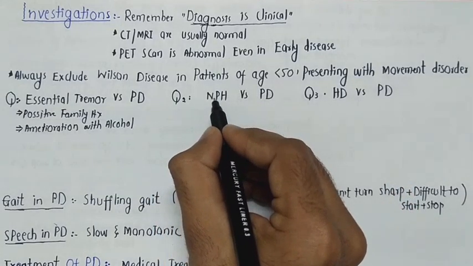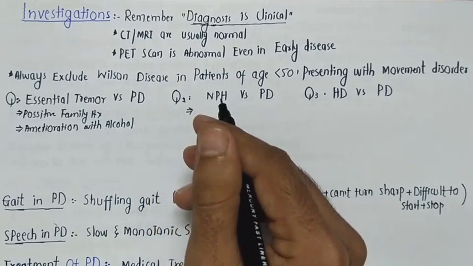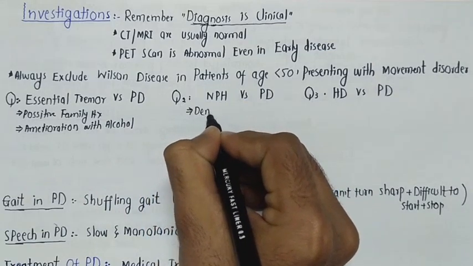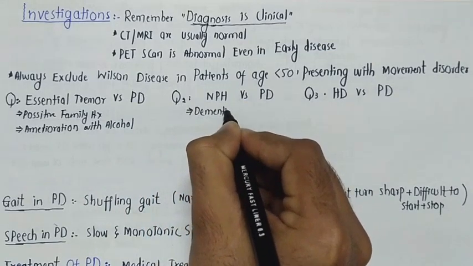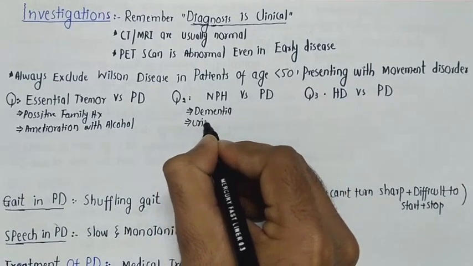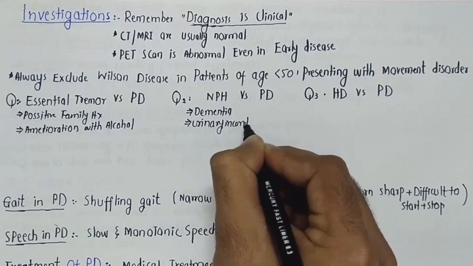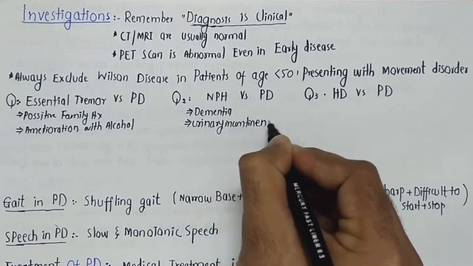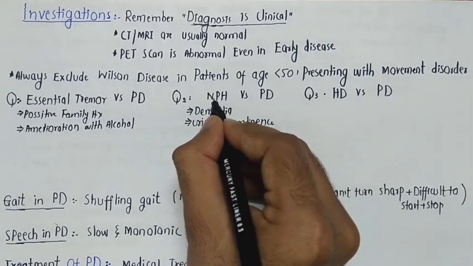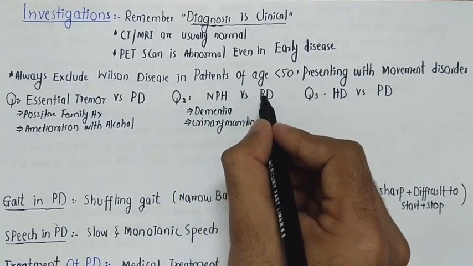In normal pressure hydrocephalus, there will be presence of dementia and urinary incontinence. The presence of dementia and urinary incontinence in normal pressure hydrocephalus will differentiate it from Parkinson's disease.